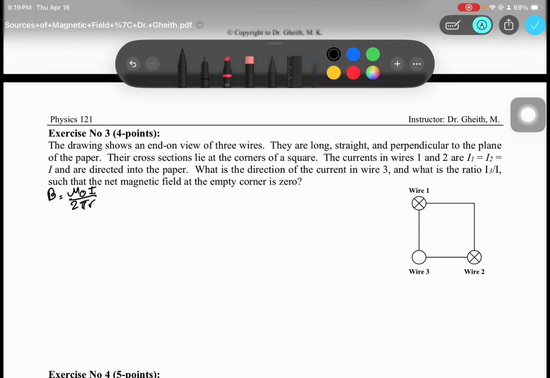This formula is also given in your exam. And B1 is equal to B2, which is mu naught I by 2 pi r.